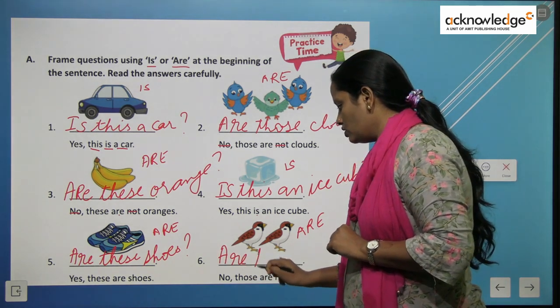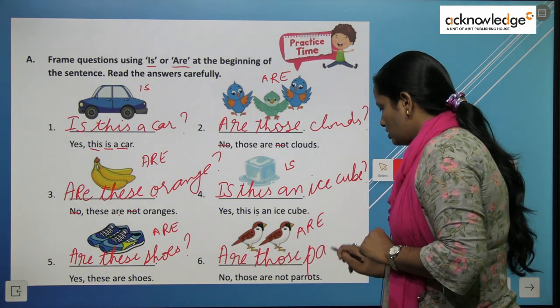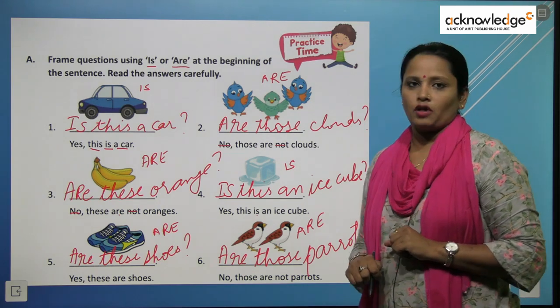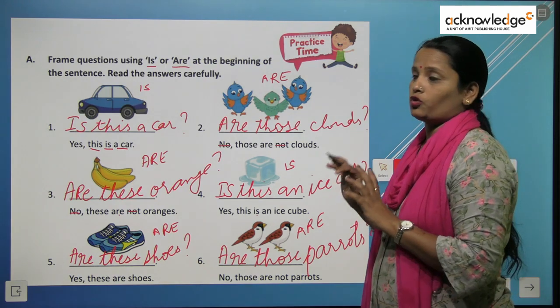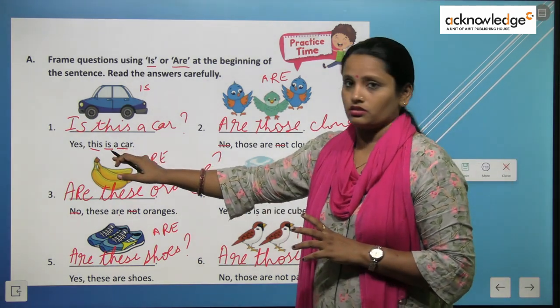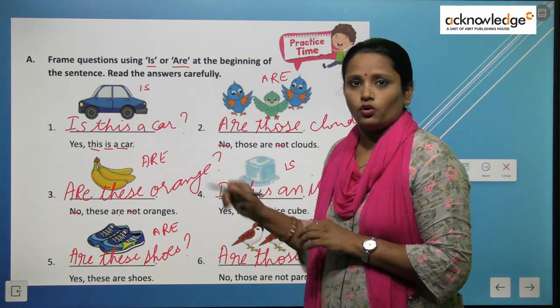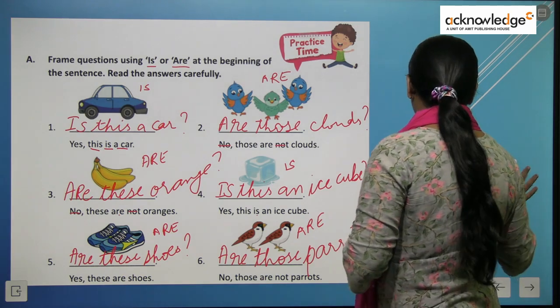Are those parrots? And put a question mark at the end. So this is how we are going to frame questions after looking at the answers. So we have to make the question from the answers only. Okay. Is it clear to everybody? Okay, good.